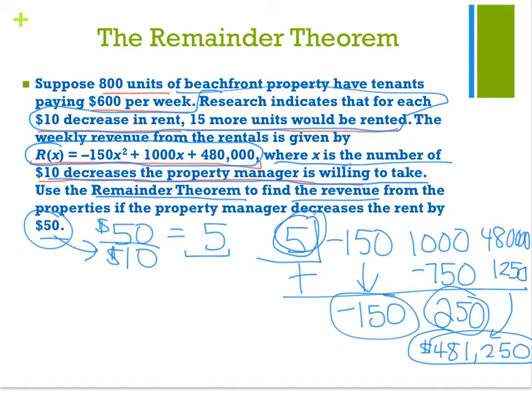And what happens is, and you might be thinking, well, if he drops rent by $50, isn't he going to be making less money? But you have to remember in the beginning, by him dropping the rent, it makes it more affordable to people.